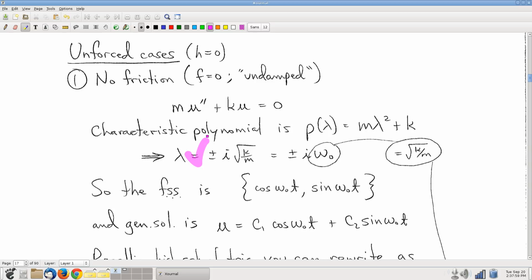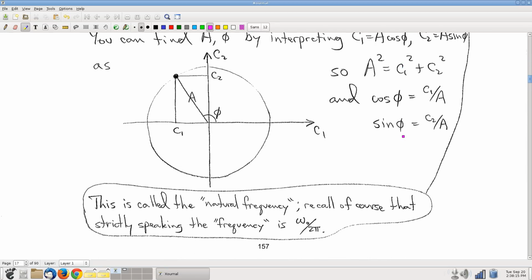There it is. Step 2, find the roots of this characteristic polynomial. No problem, there they are. And this quantity here, square root of k over m, we're going to write as omega naught. This is referred to as the natural frequency of the system. It depends, of course, on the mass and the strength of the spring in question.